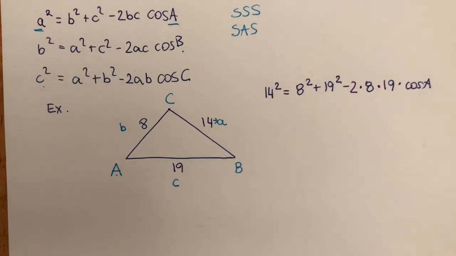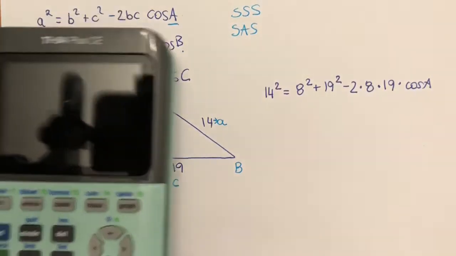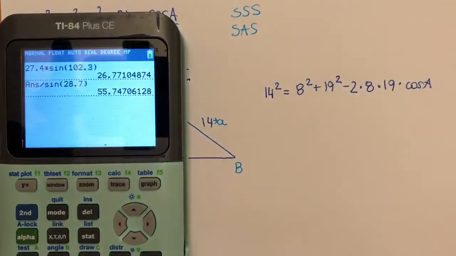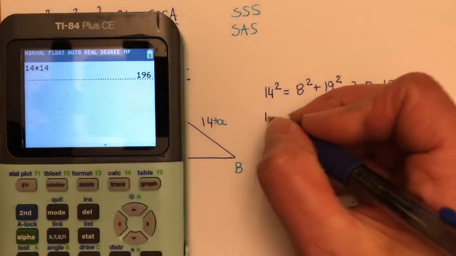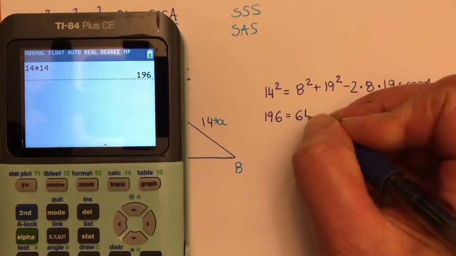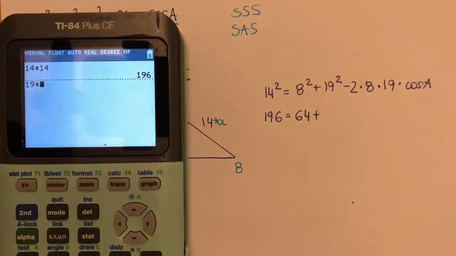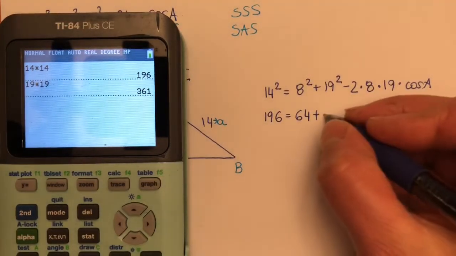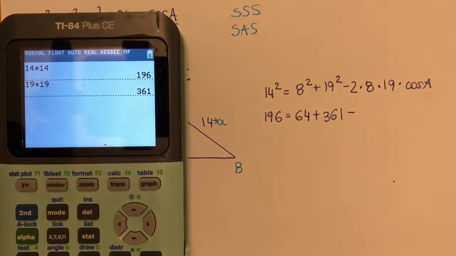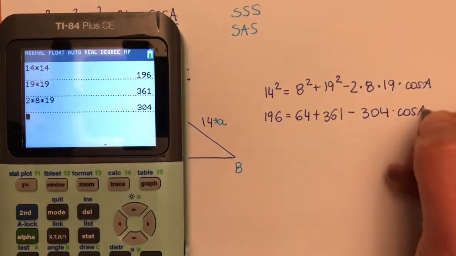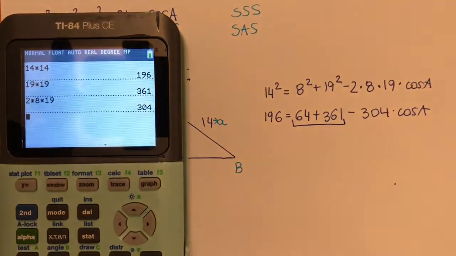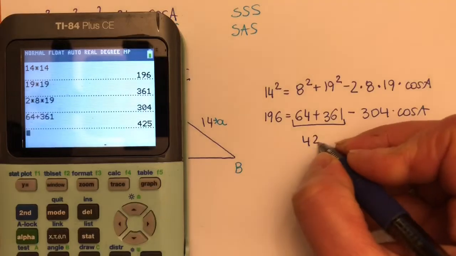And again, here you have to be very careful with the order of operations and all the nice work that we need to do. 14 squared is 196, which is equivalent to 64 plus 361 minus 304 times cosine of A. Let's see, I'm going to add those two together, and that's 425.